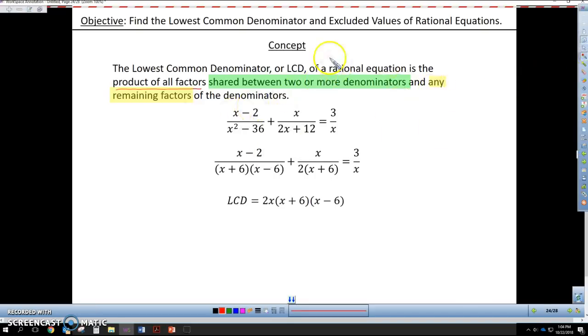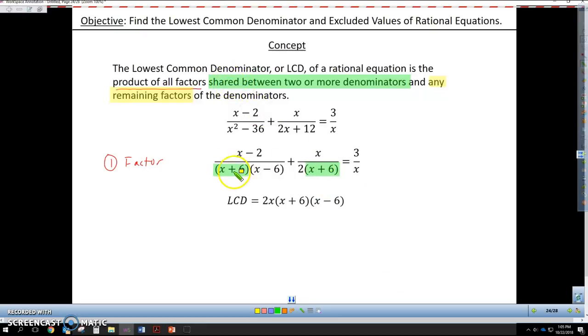So here's just an overview of what we're doing. I have rational expressions. The first thing that we're going to do is factor. So I have to make sure my denominator is completely factored. After factoring, you can see here that I have this factor, x plus 6. It's shared with this other expression. Okay, and that's what I mean by shared, right?